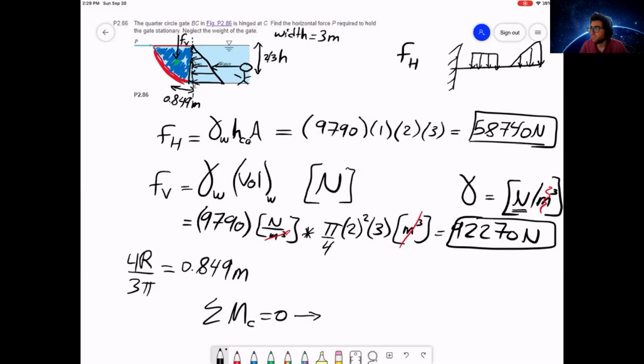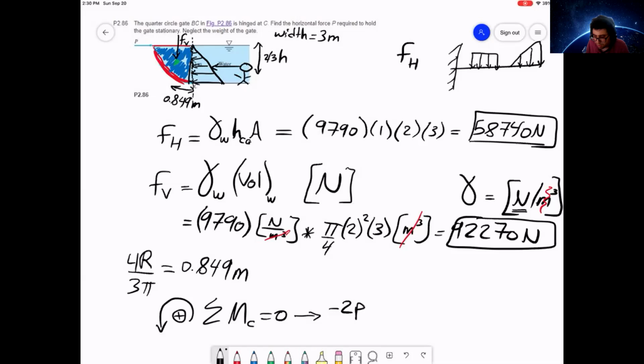And all we have to do is multiply each force with the distance. So let's do P first, because it's simple. Let's assume clockwise is negative, and counterclockwise is positive. So from point C to P, what's the distance? 2 meters. And it should be negative.